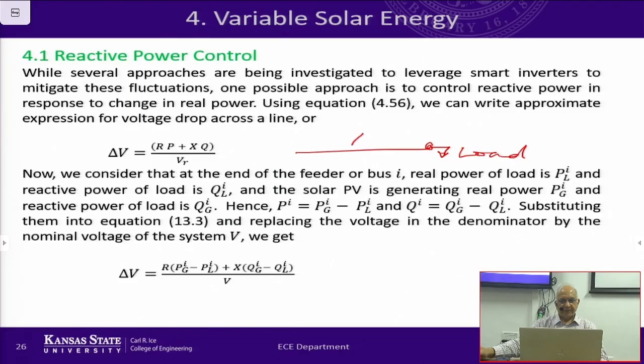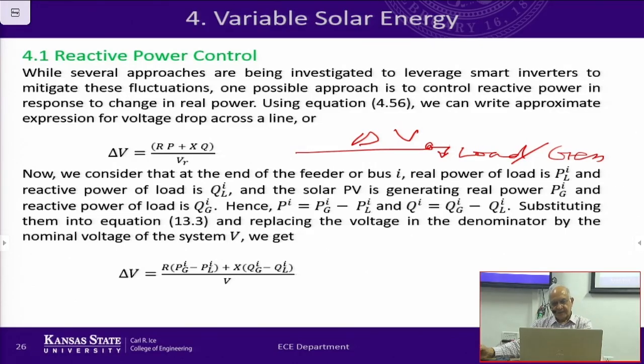Delta V is the voltage drop along the line, and there is load as well as generation, both P and Q. So we define P_i to be the difference between generation and load, and Q_i to be the difference between generation and load. We substitute those into this equation, and that gives you an equation for delta V.